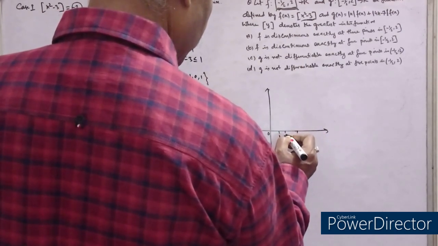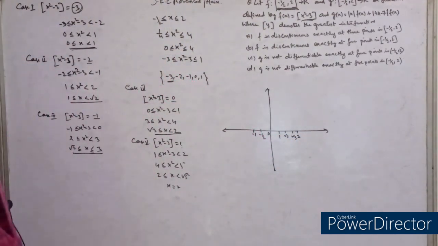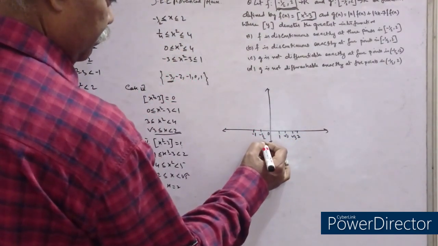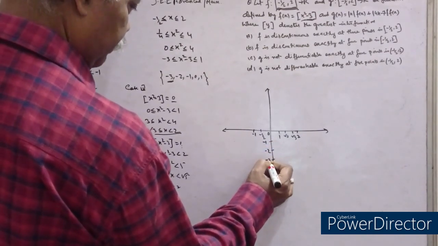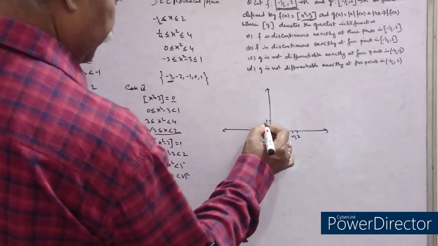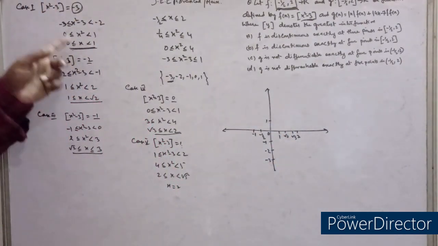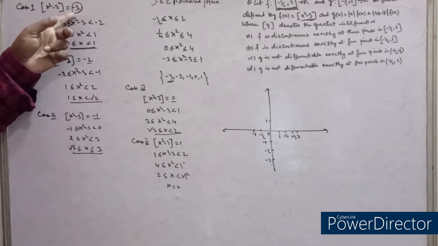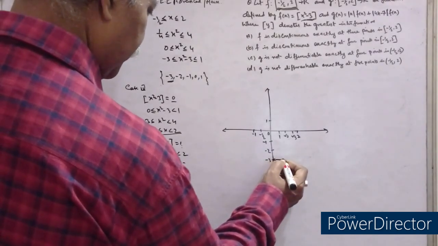Here will be root 2, and here root 3. Again here this is -1, then -2, and then -3, and somewhere here it is 1. So within this range, that is x from 0 to 1, your greatest integer y value is -3.